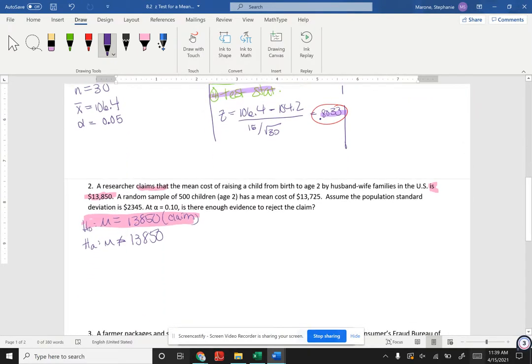A random sample of 500 children has a mean cost of 13,725. Assume the population standard deviation, so I know it's going to be a z-test, is 2,345.